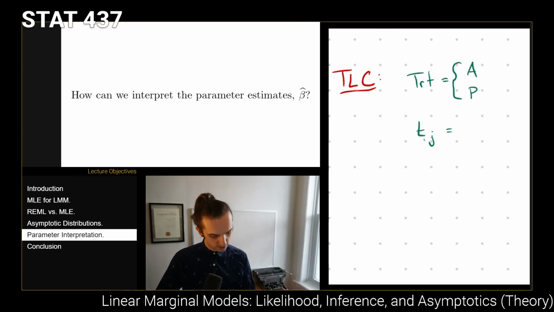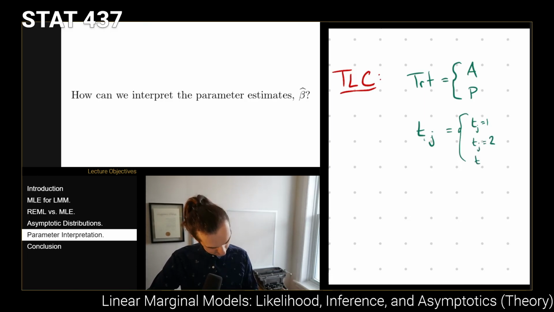And this is just going to be an indicator variable, or actually a set of 3 indicator variables, right? And so TJ is either going to equal 1, 2, 4, or 6. And you can think about using 3 dummy variables to capture this, right?